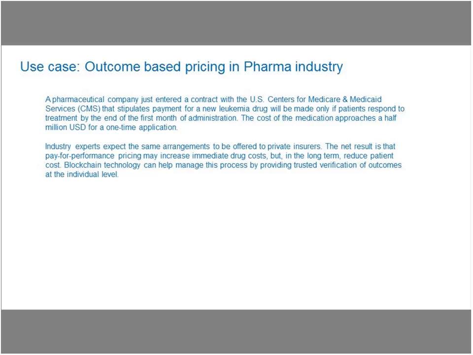But in this use case we have seen there can be some misconception or lack of information about the outcome. The net result, as you can see in the second line, is that pay-for-performance pricing may increase immediate drug cost, but in the long term it will reduce the patient cost.